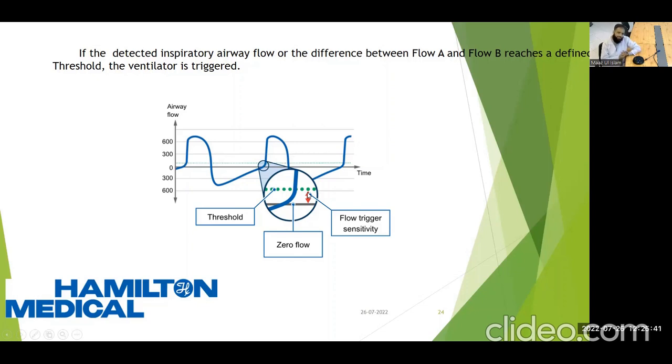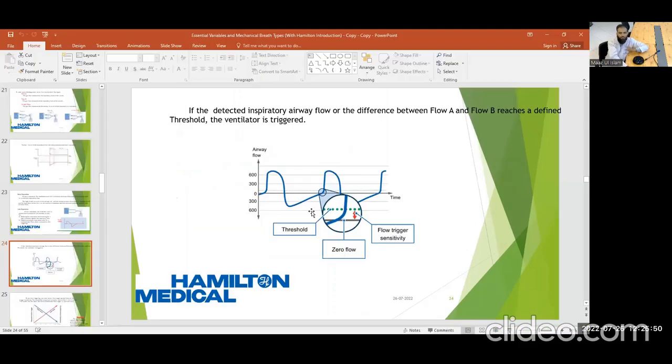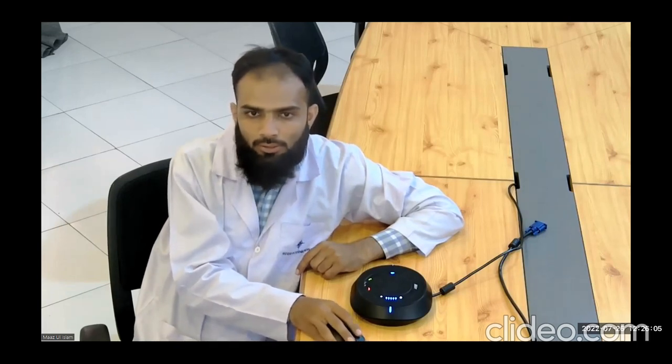This is a spontaneous activity of the patient, and then the inspiratory phase starts. One second, we also have a ventilator. I want to show you the flow triggering sensitivity here on the ventilator. This is a Hamilton C2.